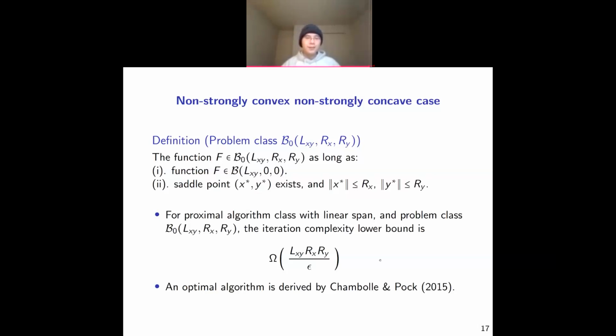Fortunately, again, for this simpler bilinear coupling case, the optimal algorithm exists, and it was derived also by Chambolle and Pock. Well, I write 2015 here, but actually, the algorithm is the same as their 2011 paper, but they just made the analysis more refined and clear in their later version. So in this case, everything is tied here. So any questions?